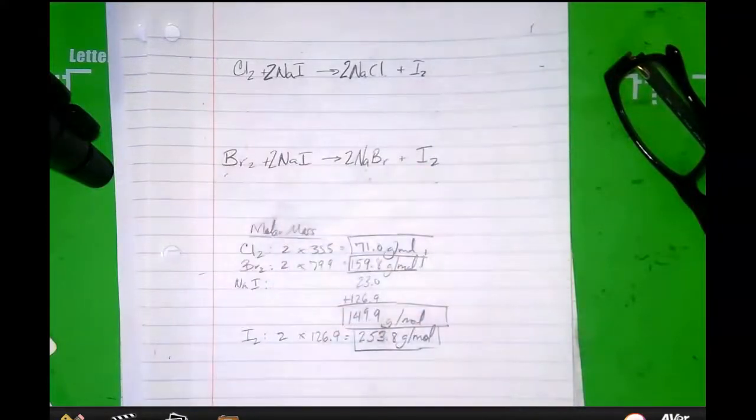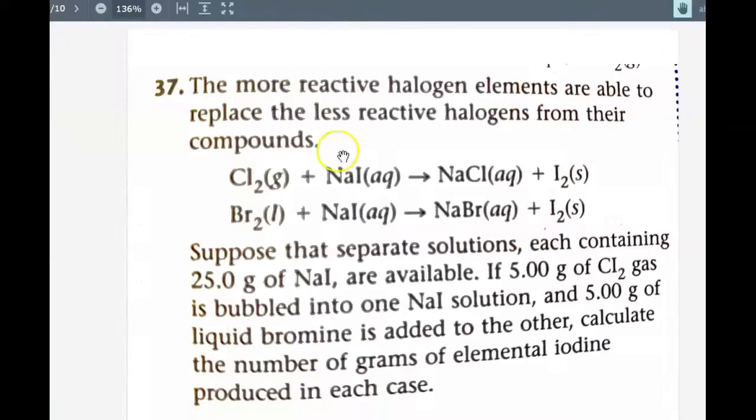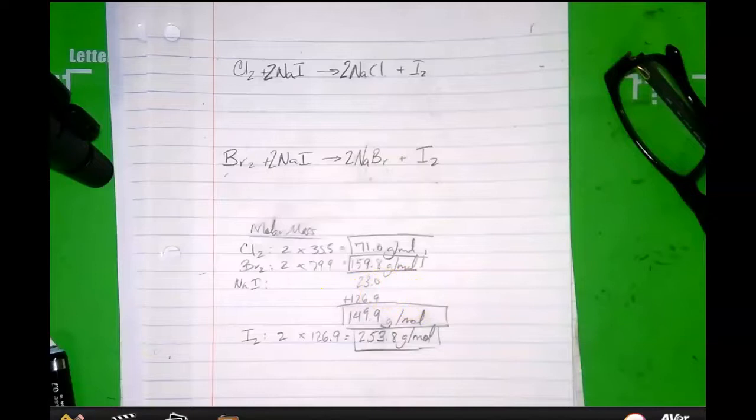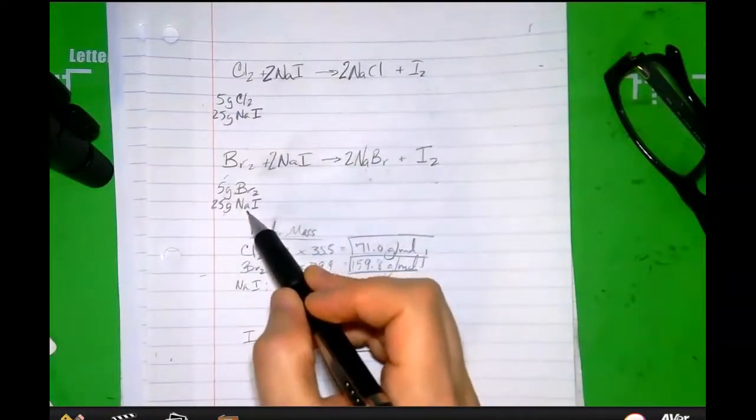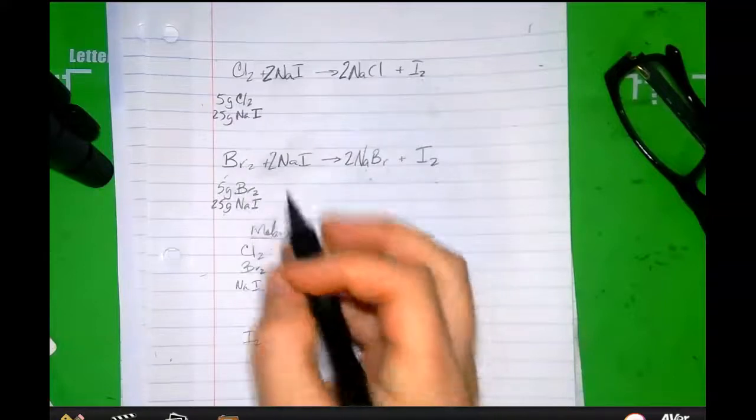The given for both was 25 grams of sodium iodide and 5 grams of chlorine gas. And we have the same amounts of halogen and sodium iodide down here, so let's convert them both.